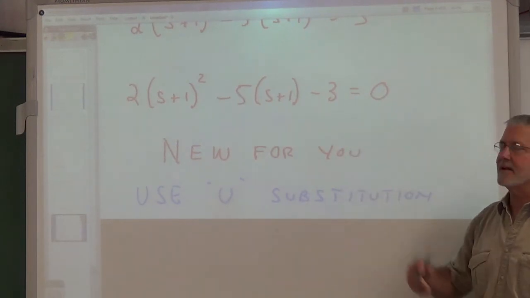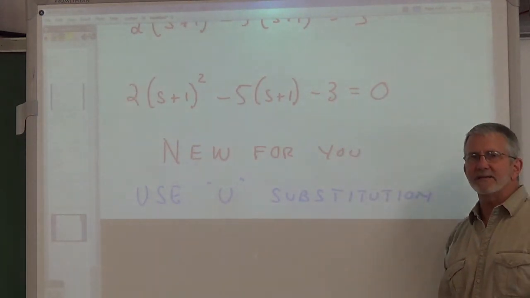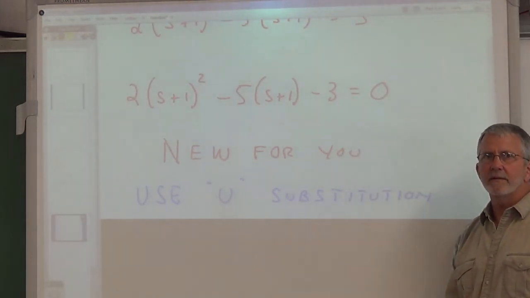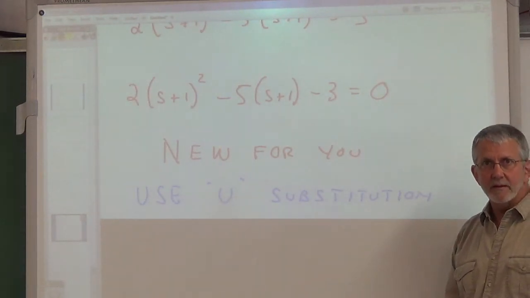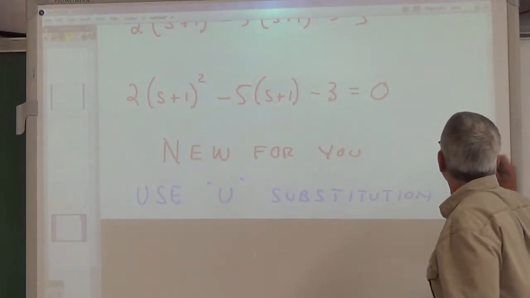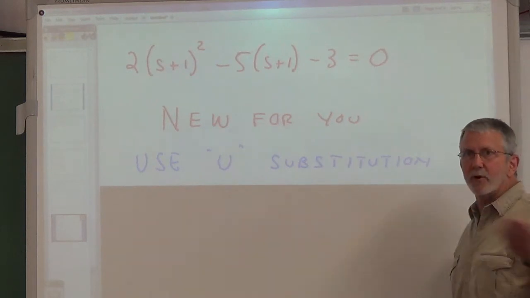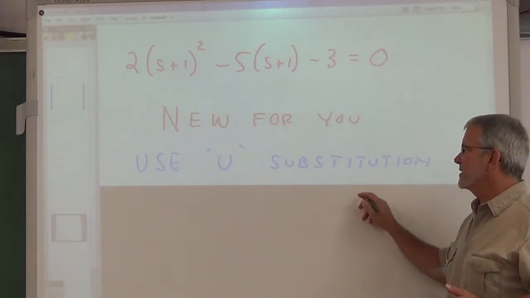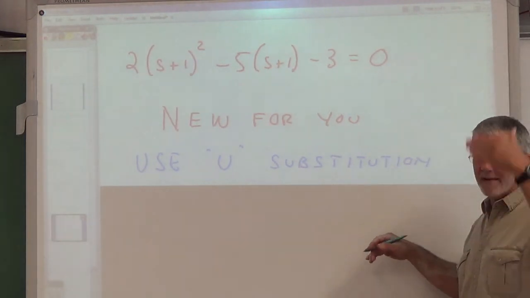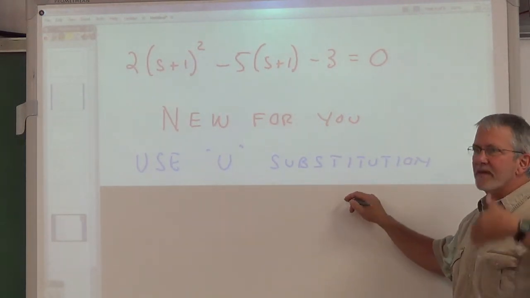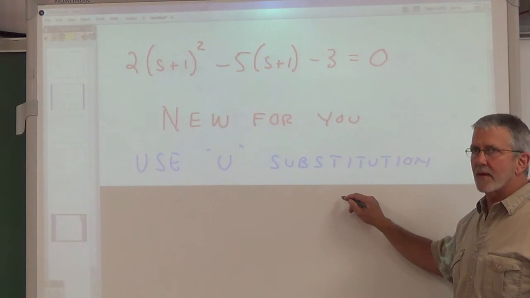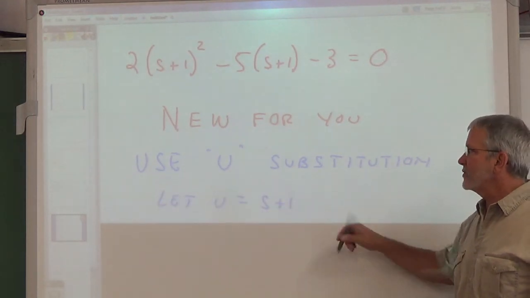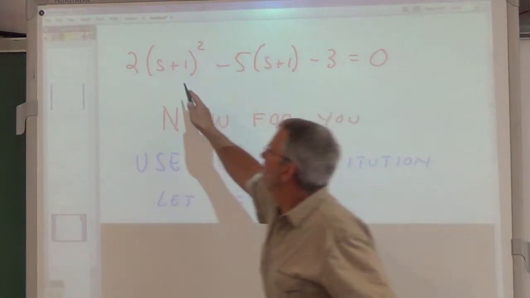That equation is not only quadratic in s, ladies and gentlemen, that's quadratic in s plus 1. So if you look, it should jump right out at you what the U substitution is going to be. The more of these you do, the easier they will become. But what I'm going to do is let u equal s plus 1.